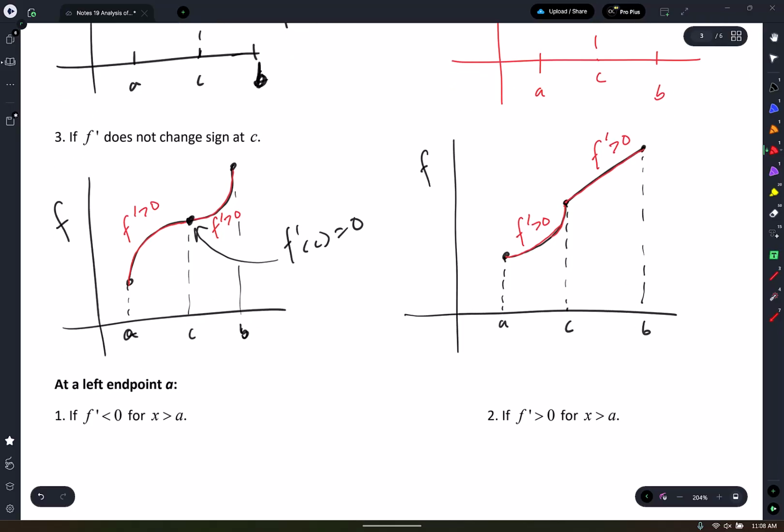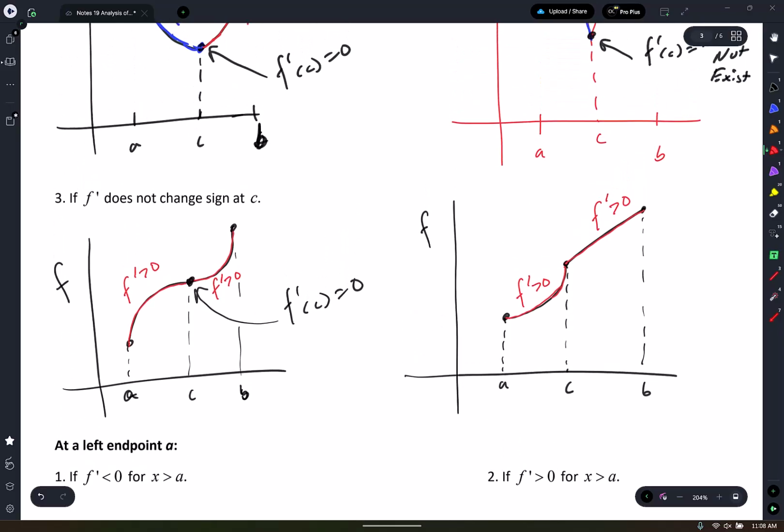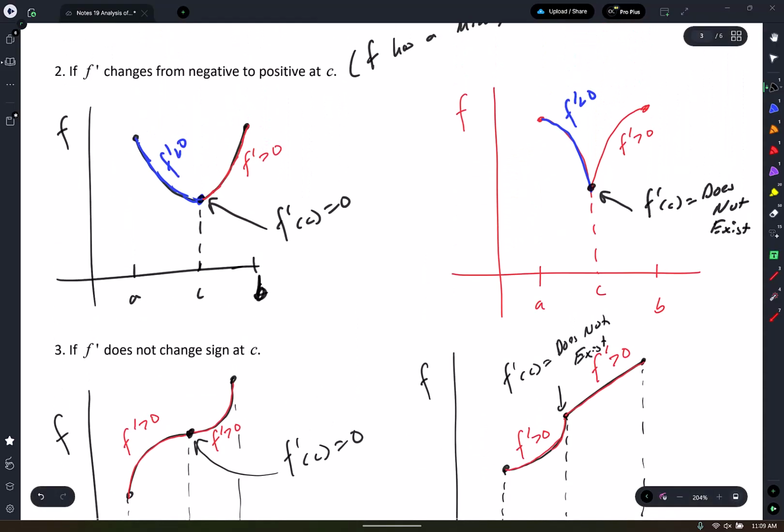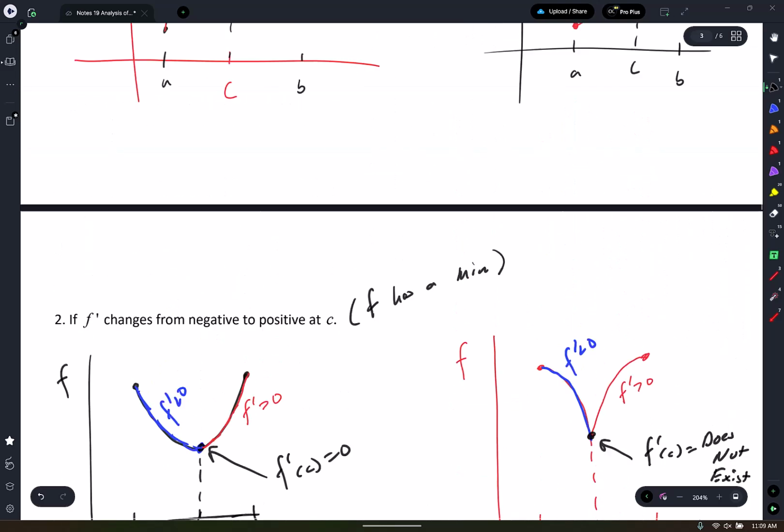So what's F prime of C? Just for a day. F prime of C in this case does not exist, because see how it's a corner? What do we call it if the derivative is 0 or undefined? There's a vocabulary word for it. It starts with the letter C. Critical point, yeah.